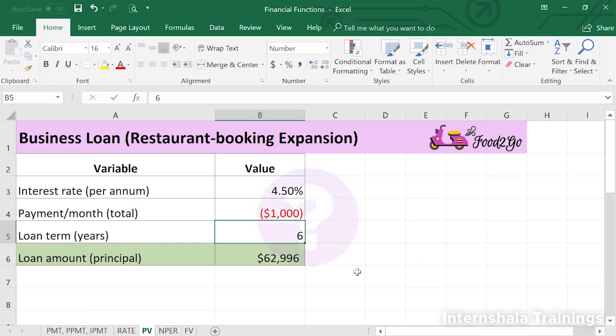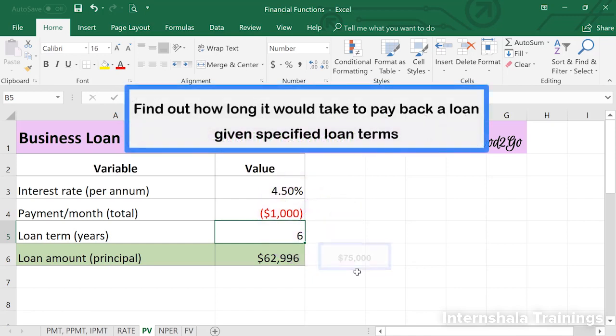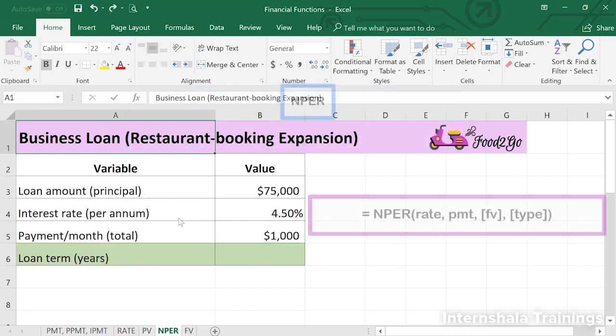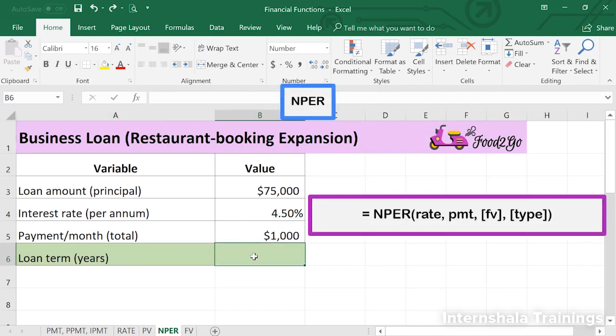But there's still one more question in Ishan's mind. What if he wants to borrow an amount of $75,000 instead, at the same interest rate of 4.5%, while sticking to making monthly payments of $1,000? How long would it then take him to pay back this loan? We can use the NPER function to work this out, and we have all the values required in its syntax.